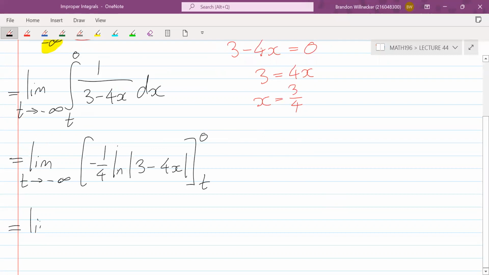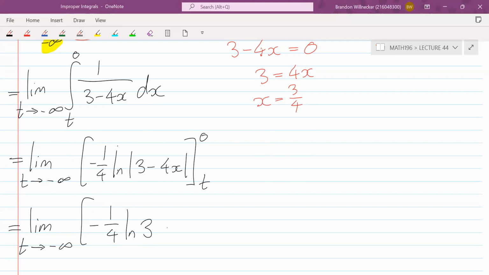So this is equal to the limit as t goes to minus infinity of, if we substitute 0, minus 1/4 the natural log of just 3. And then minus and minus is plus 1/4 the natural log of the absolute value of 3 minus 4t.